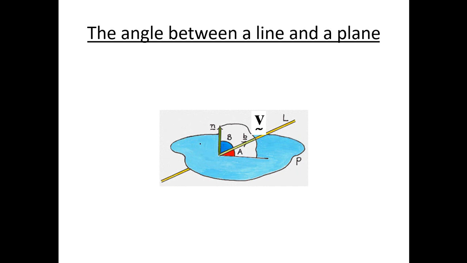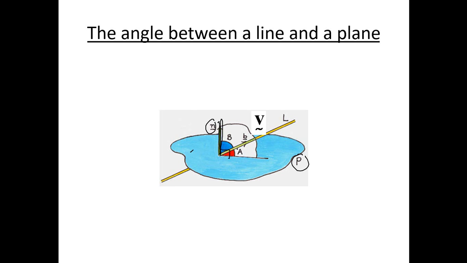Angle between a line and a plane. Consider a plane P, the blue one. The plane P has N, a normal vector which is perpendicular to the plane.